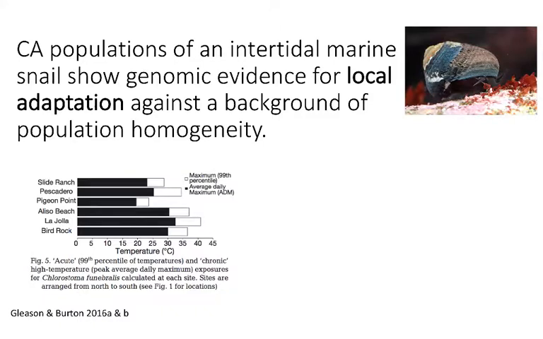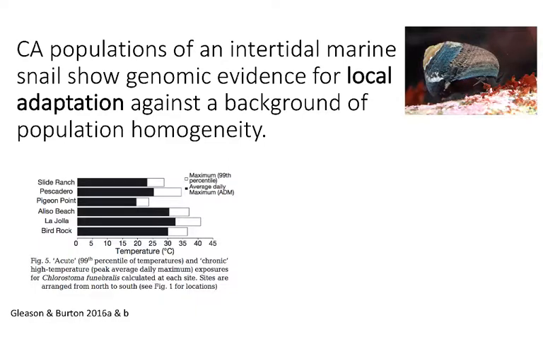Another example, of course, that I have talked about repeatedly because it's what I'm most familiar with, is these different populations of the intertidal marine snail, where we can see this genomic evidence for local adaptation. Again, this is also in response to temperature.